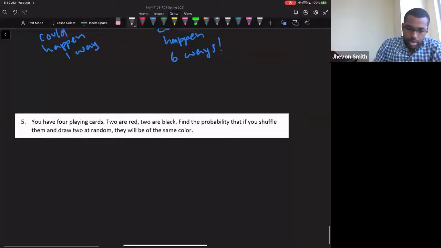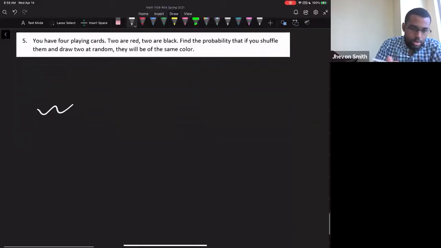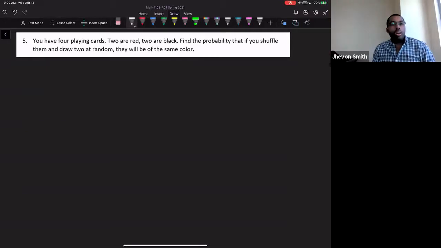Did anyone get the answer for this? You got turned down for some reason. You have 4 playing cards, 2 are red and 2 are black. Xi Jing thinks it's 1/3, which he put in the chat there. How did you get that?